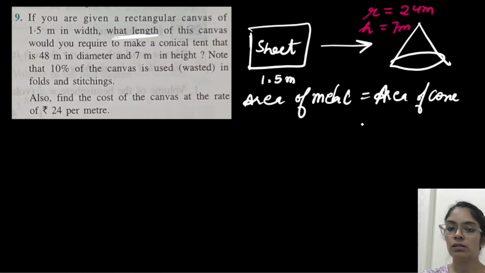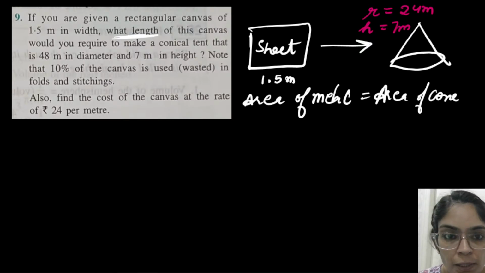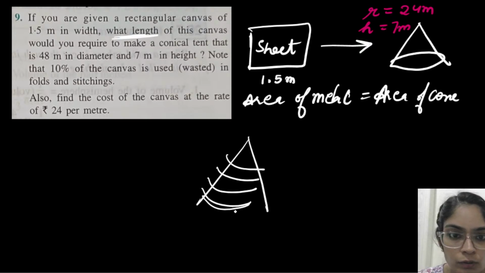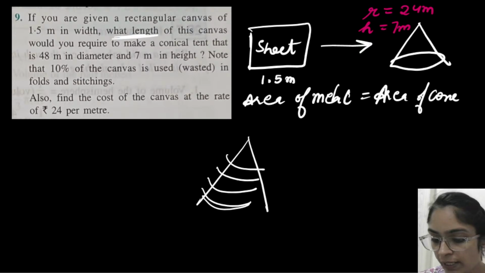Now which area? Cone is a three-dimensional thing, so surface area of cone. Which surface area will we take? Because they have mentioned rectangular canvas. What length of the canvas would you require to make a conical tent? So the tent doesn't have any base. It has only the curved part. So which area should we use?